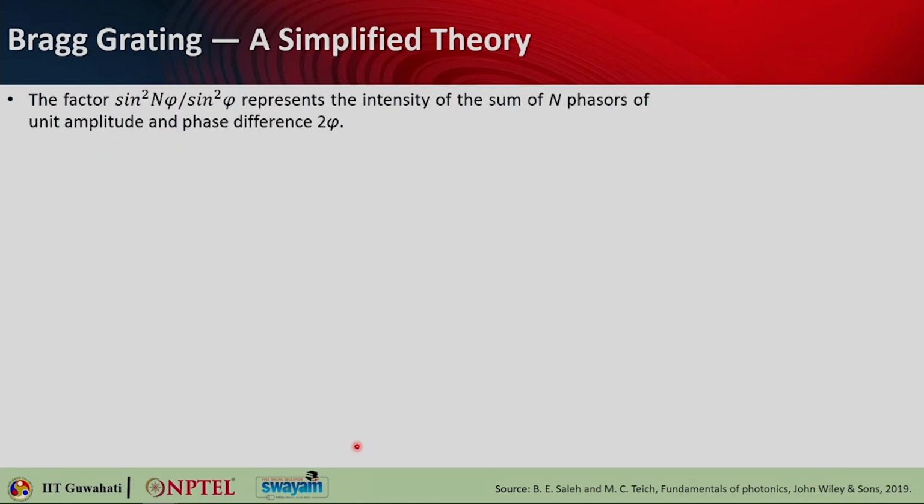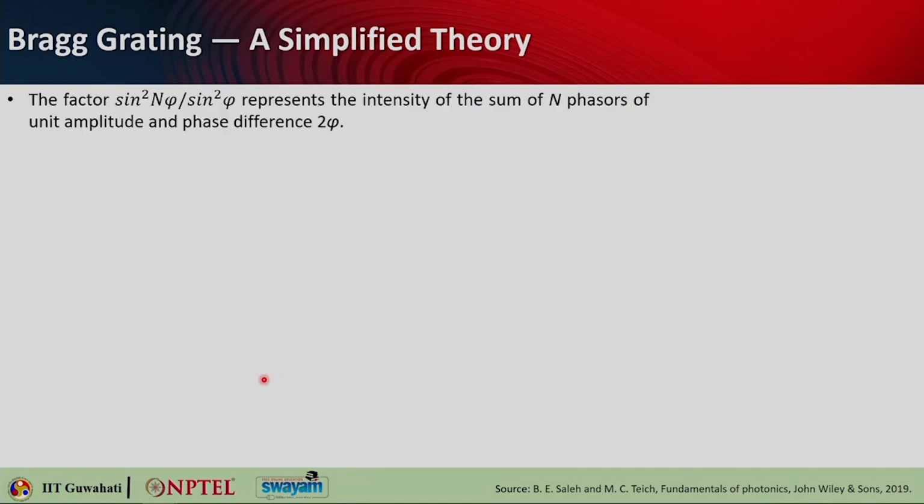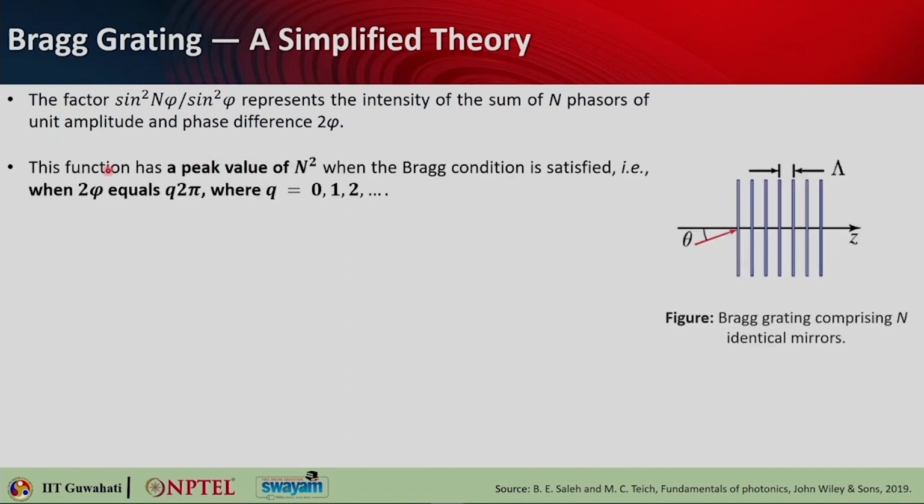Now, this factor that you have seen here, sin square n phi over sin square phi, represents the intensity of the sum of the n phasors of unit amplitude and phase difference 2 phi. The function attains a peak value of n square when the Bragg condition is satisfied.